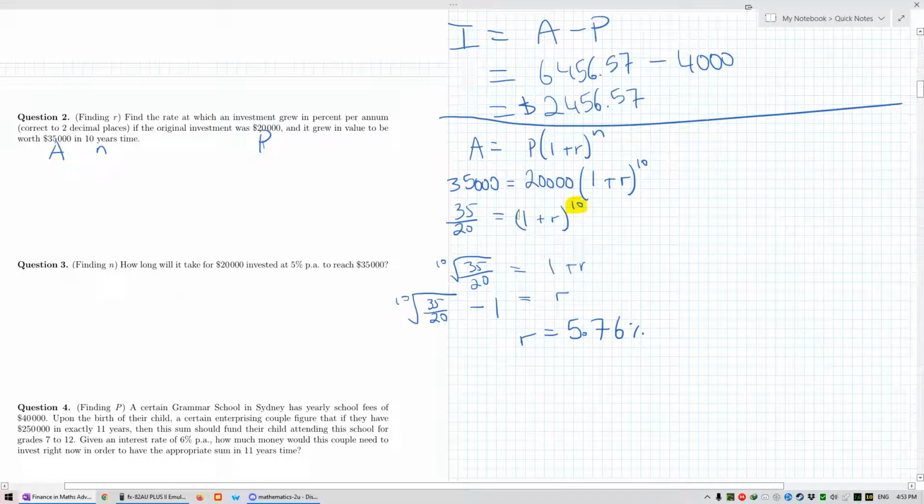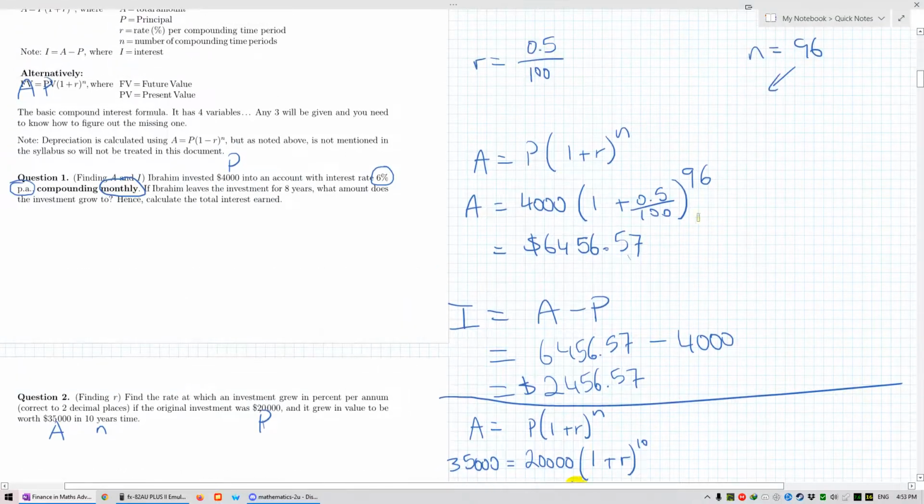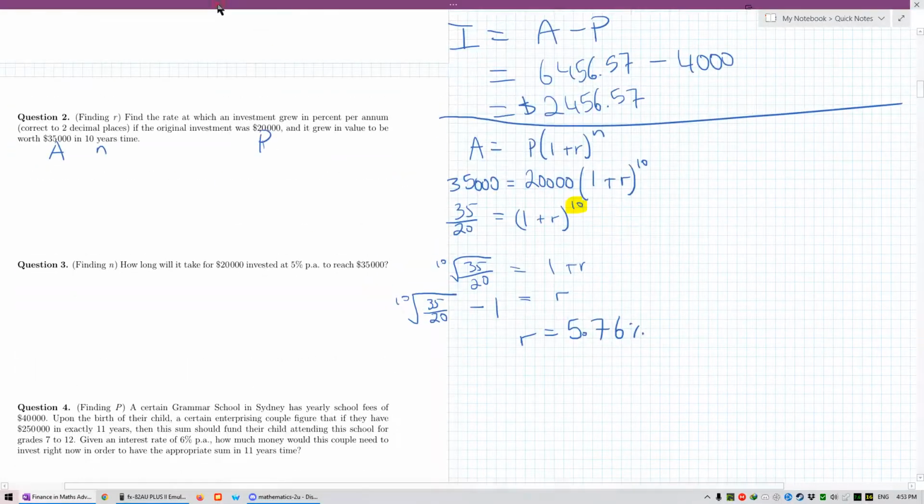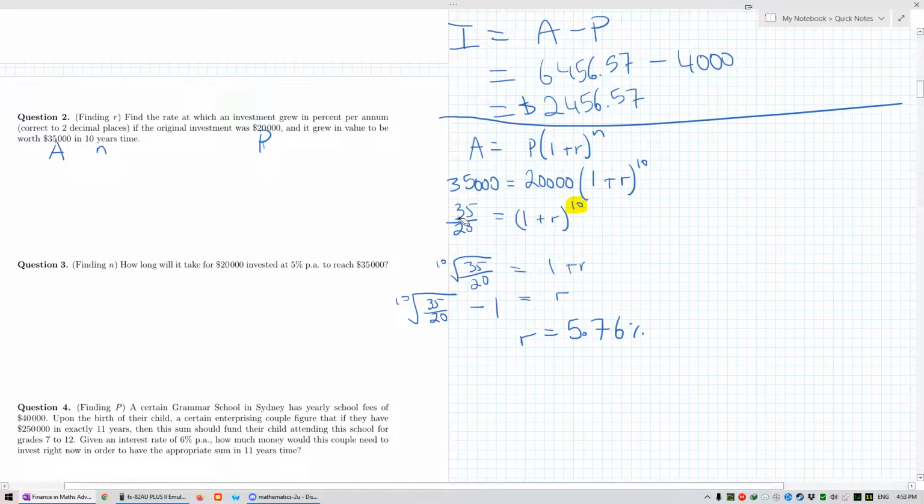They get this, and they're not sure what to do from there. To undo a power of 10, you take the 10th root. And over here, that was pretty straightforward. That's honestly just calculator work. And let's see how we'll do N. So we'll move on to the next bit. Once again, the key over here was taking that root. Whatever that power is, take the root, and everything else just works out.